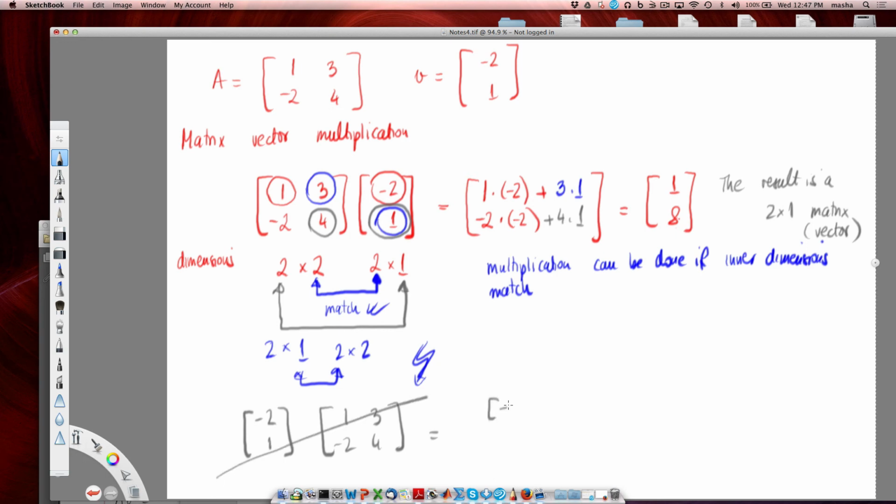But if I do [-2, 1] and [1, -2; 3, 4], this is 1 by 2, this is a 2 by 2. So my inner dimensions match. And I proceed as I did. So it's minus 2 times 1 plus 1 times minus 2.